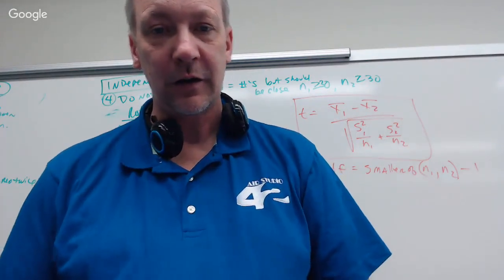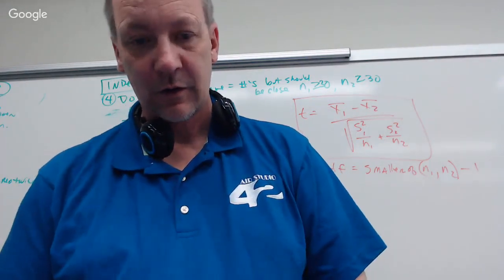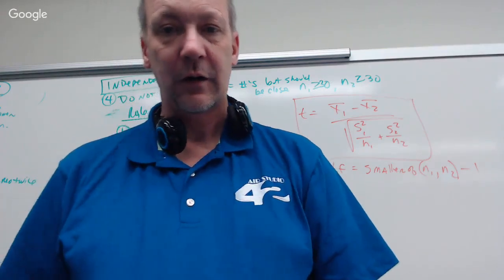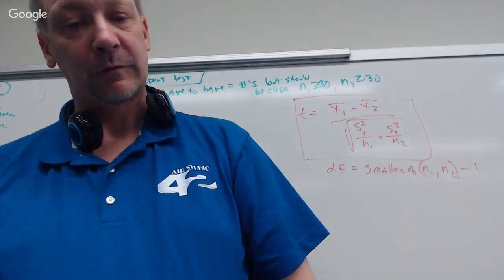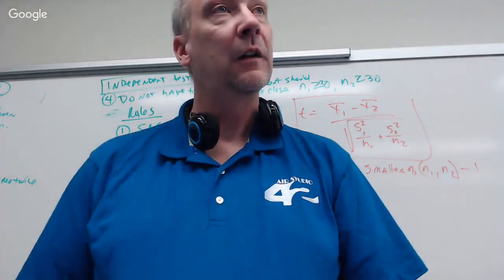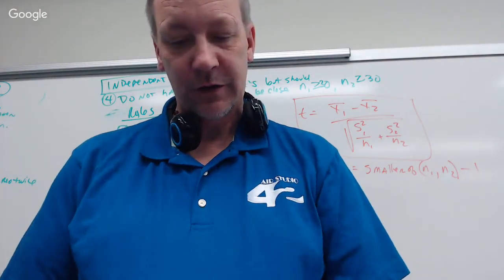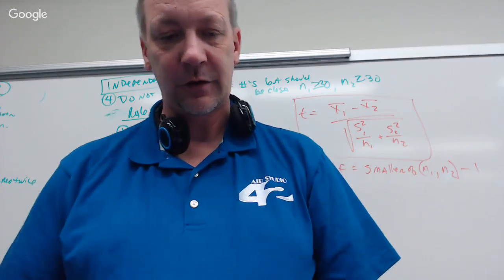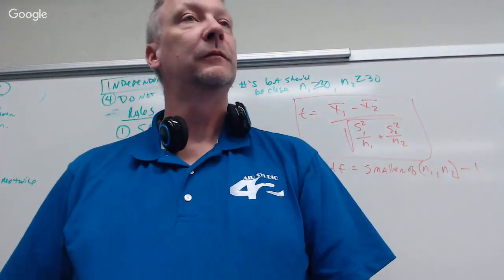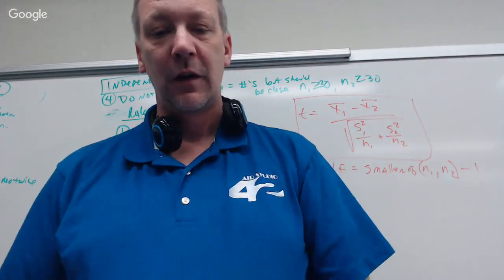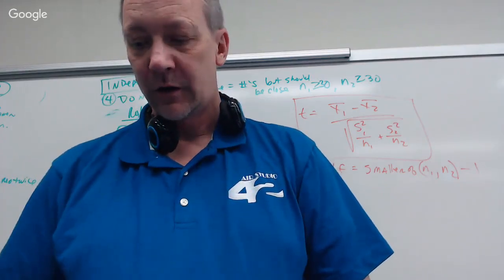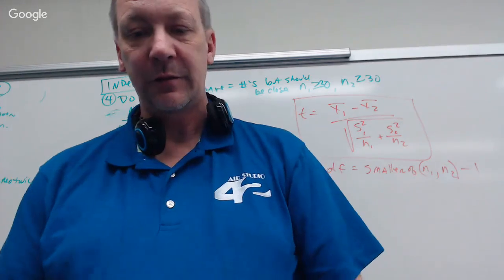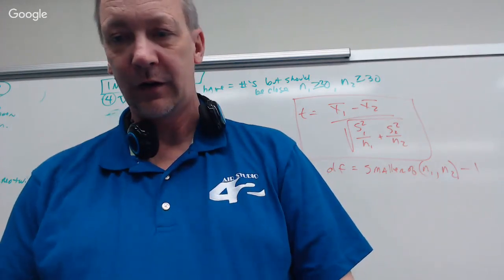Sorry, let's try that again. Okay, plus 1.005 raised to the second power, also divided by 14. Okay, so that's going to be my numerator divided by my denominator, which gives me negative 1.43.